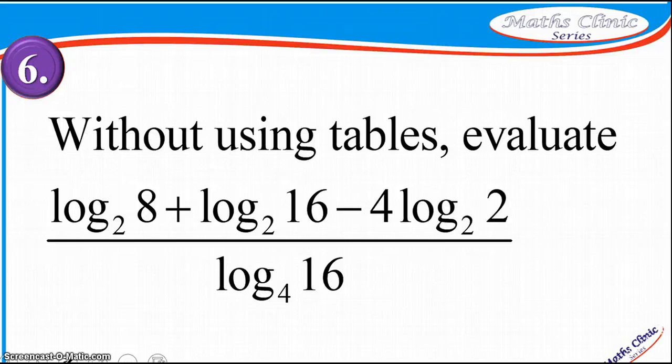Example number 6. Try it. I'm sure your final answer came as one whole number, 1/2, or probably you had 3 on 2. Whichever way you write it will be the same.